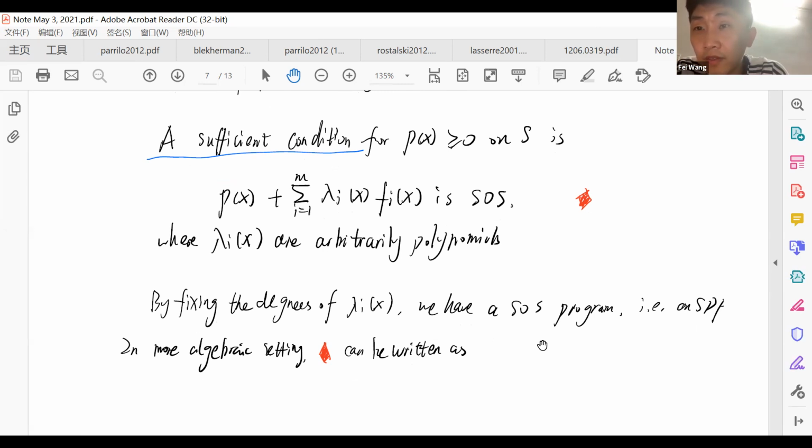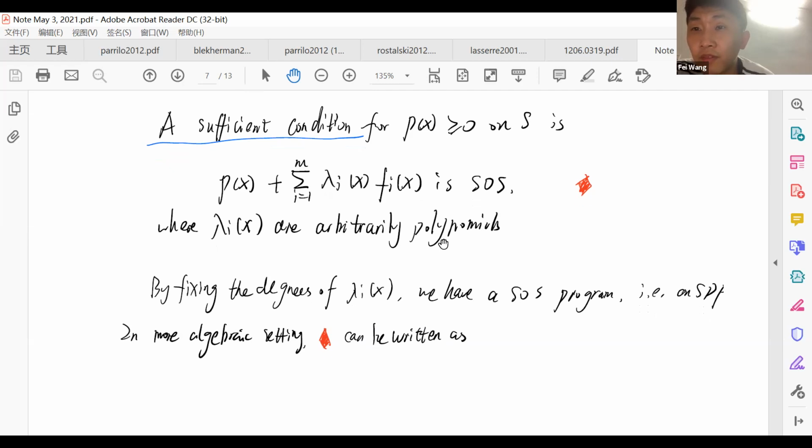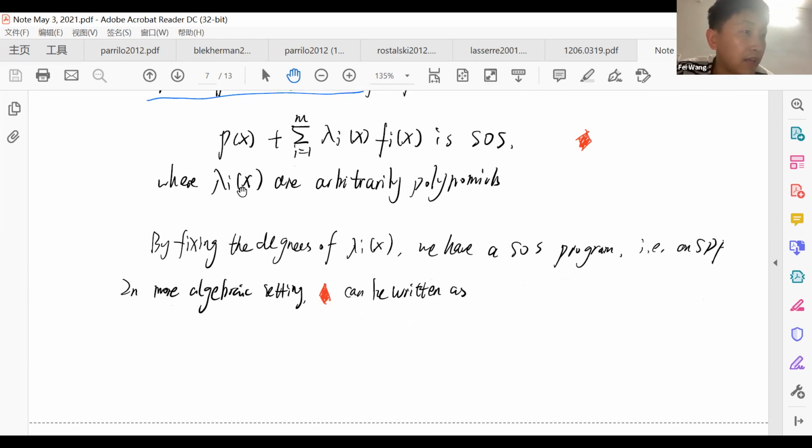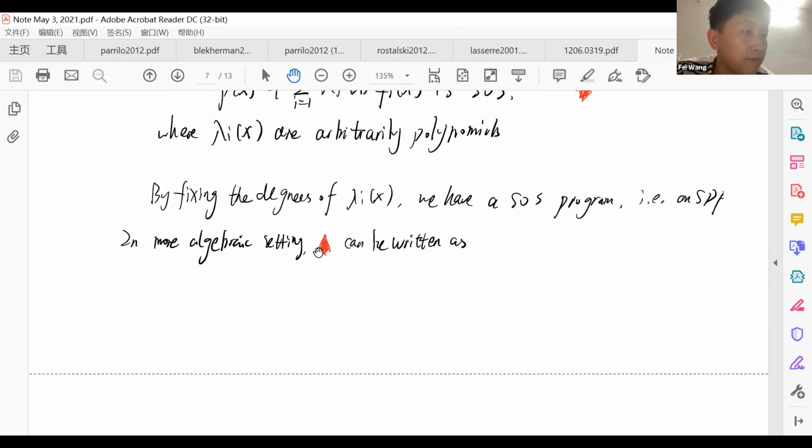The unknowns are the coefficients of lambda_i(x), and then we write this in a matrix product form and solve this SDP feasibility problem with unknowns from lambda_i(x).